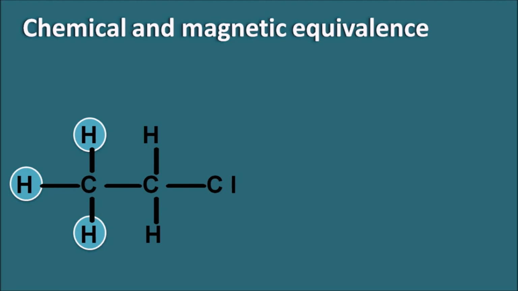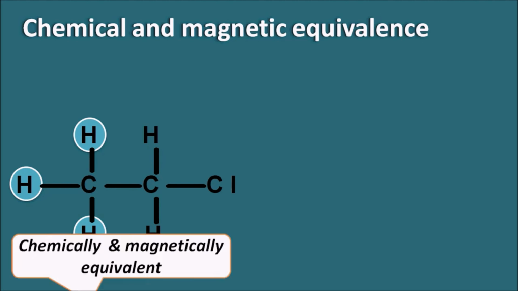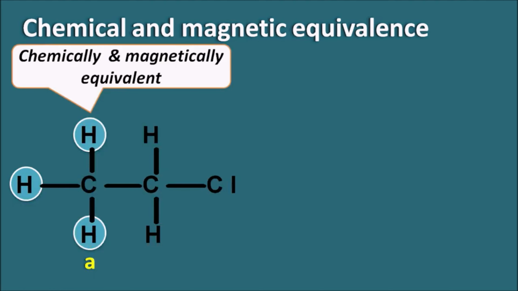So magnetic equivalence is the equivalence in their arrangement within space. Here these protons can be indicated by letter A, and they are chemically as well as magnetically equivalent. But if you see the other types of protons, here the chlorine is attached. Because of the presence of chlorine, this proton is different from proton A. So this proton can be indicated by letter B, which is chemically not equivalent, because this proton is attached to the carbon which is attached to the chlorine.